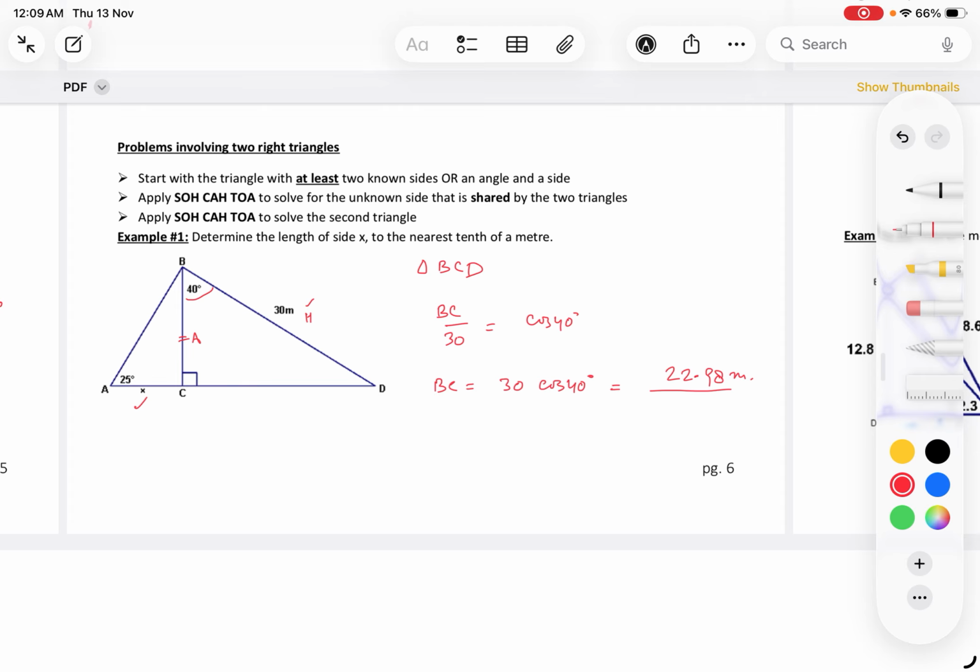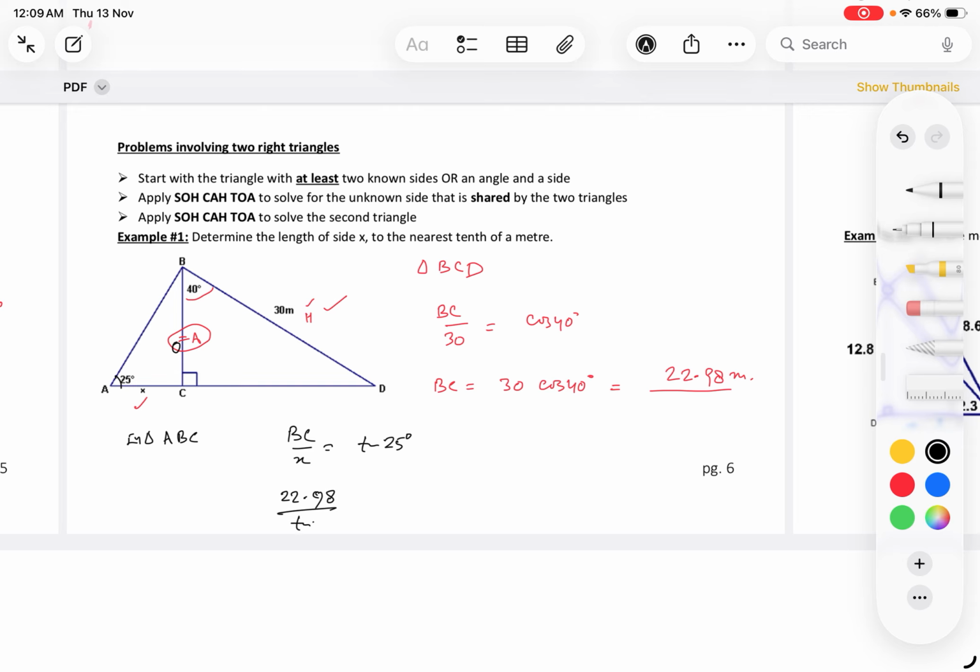Now BD is given, BC we have found out. We need to find x in triangle ABC. Now in triangle ABC, x is the adjacent side and this is the opposite side. So BC over x is equal to tan 25, and BC is 22.98.